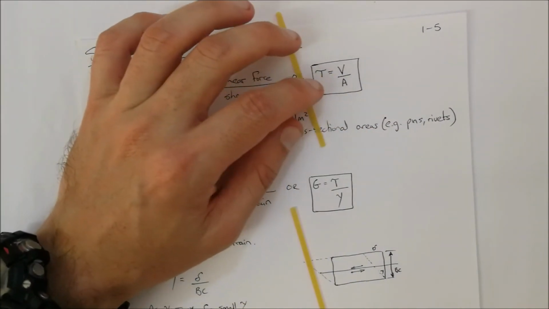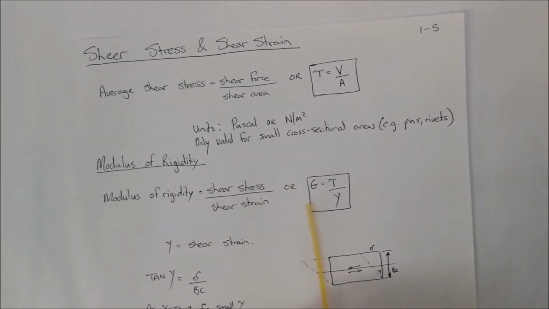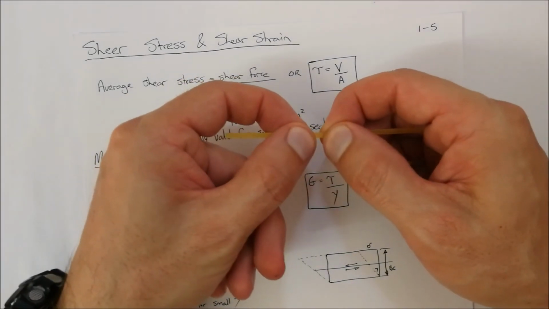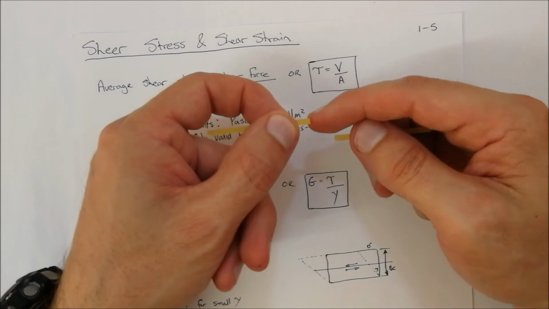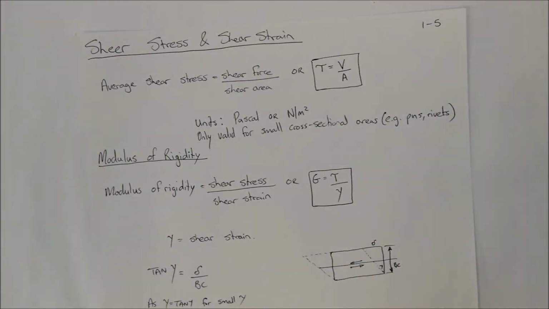Well, it should have snapped into two pieces over there. Obviously my finger was quite thick, but if you suddenly snapped it, it would be a clean cut between the two pieces, and that would be known as your shearing.